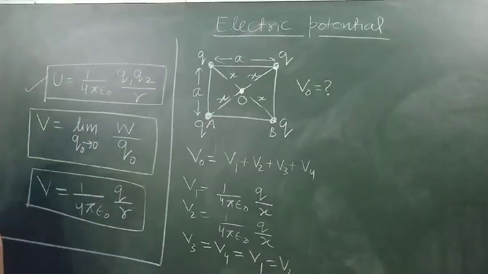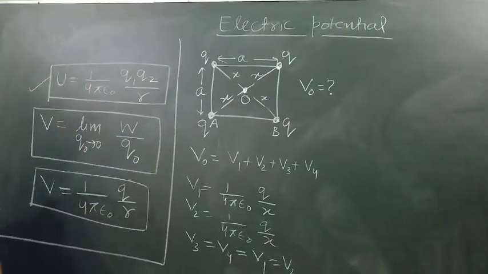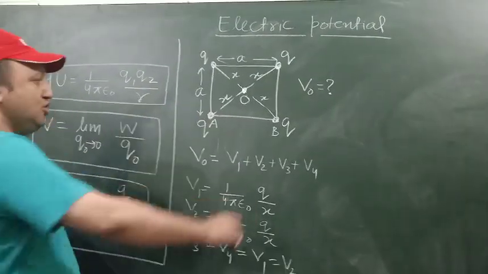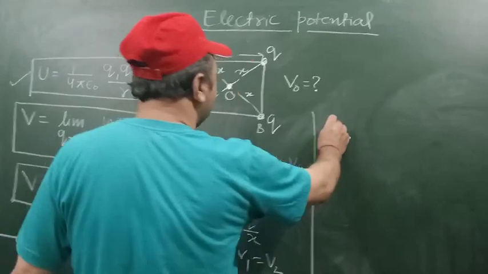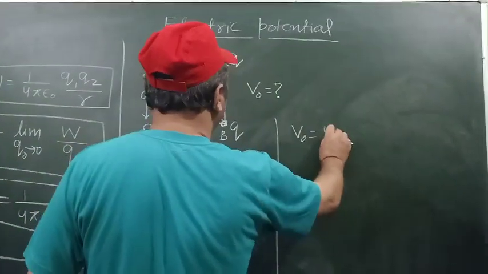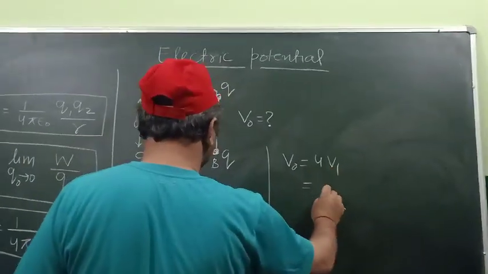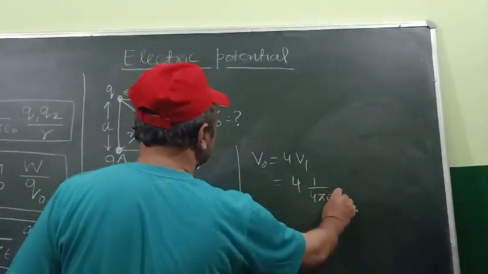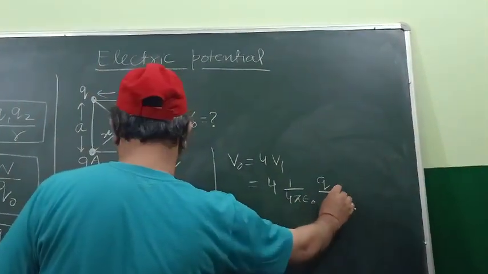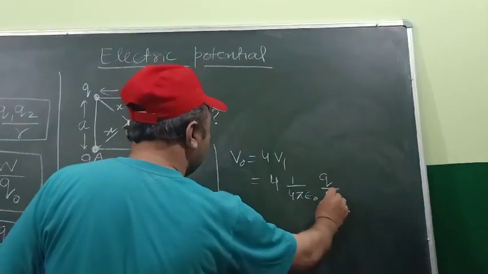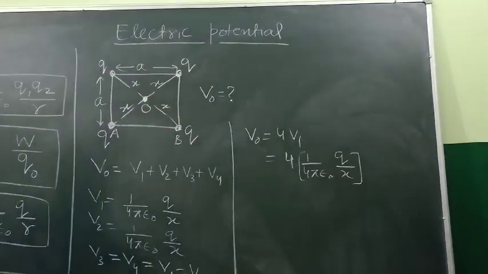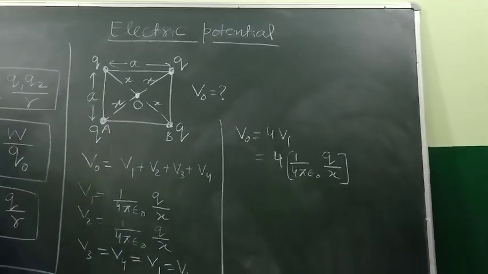So the overall potential at point O will be equal to V1 added 4 times. So the overall potential at point O will be equal to 4V1, and that means 4 into 1 upon 4 pi epsilon naught q over x. Now this x is yet to be determined, because in the question we are provided with a.